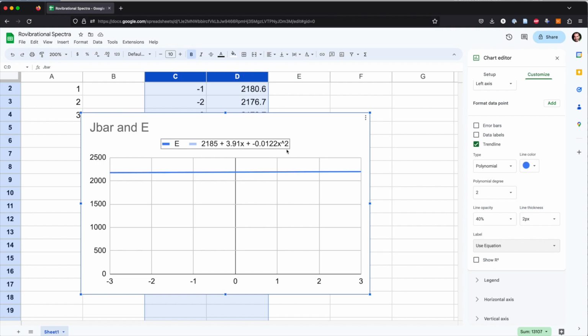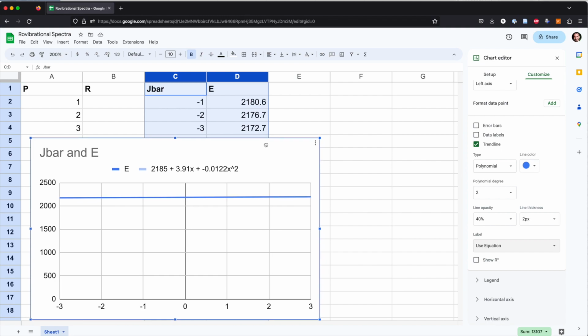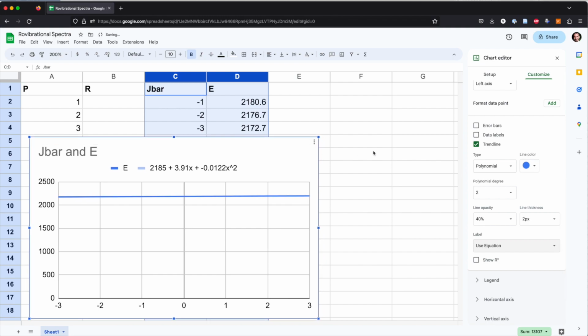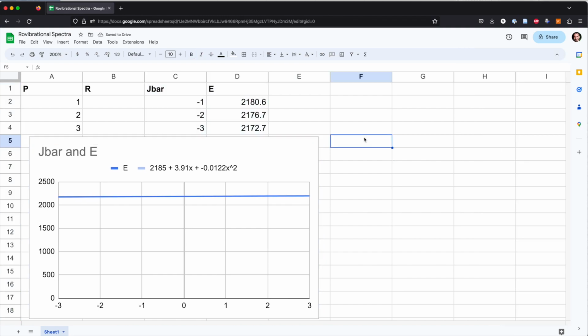Okay, and so basically from this, we can directly read off all of the values in the fit that we want to look at. So let's just write down each of these coefficients. So we're thinking about this in terms of if the quadratic equation was written as ax squared plus bx plus c, then we would have a is -0.0122, b is 3.91, and c is 2185.